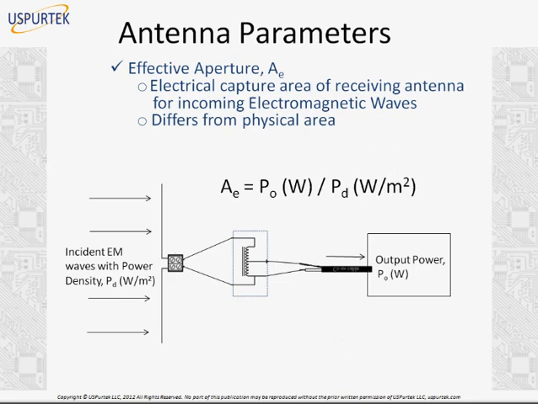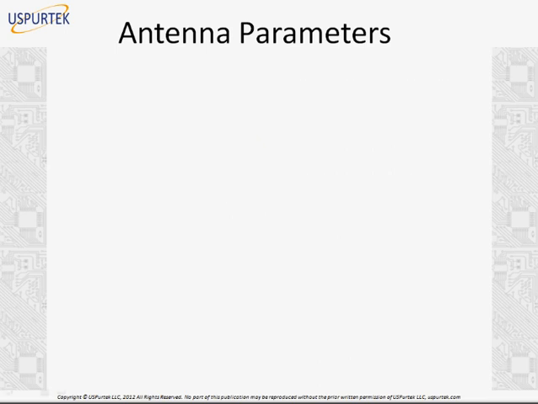The electrical area that the antenna uses to receive or transmit will typically be bigger than that. Mathematically, we define it as the ratio of the output power that we get out of the antenna to the incident power density, in watts per meter square. You make these measurements, and the result is an area which gives you the effective aperture, and it definitely differs from the physical area of the antenna.